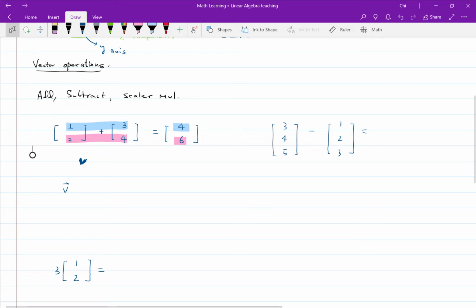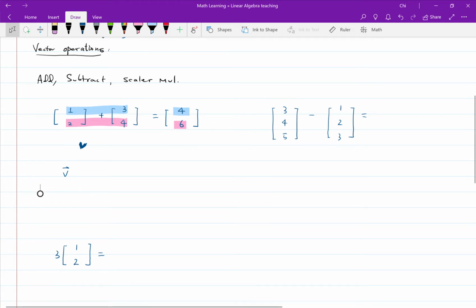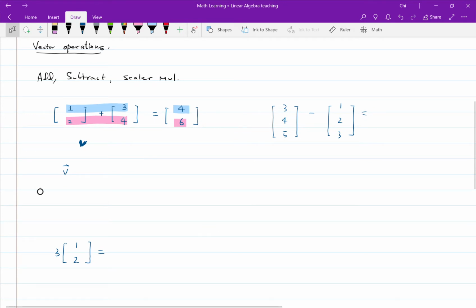Say we are in two-dimensional space, so V is a vector, and V has two components. The first one is V1, and the second one is V2. Don't confuse yourself here: V with an arrow is a vector.